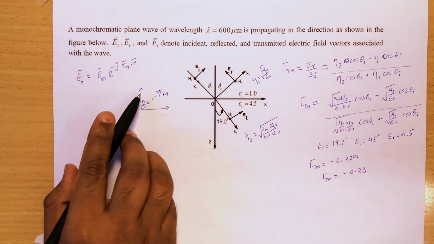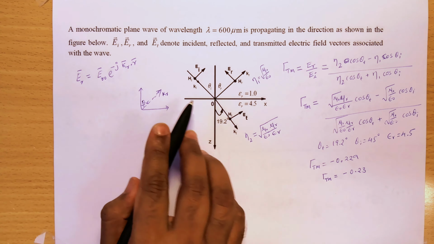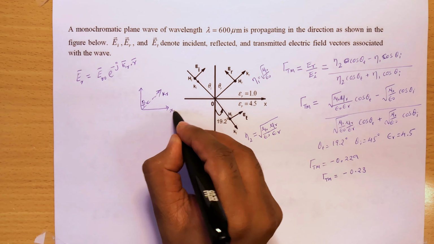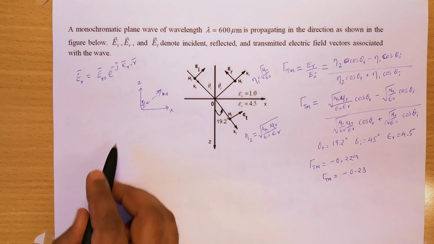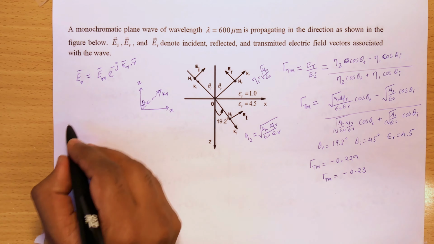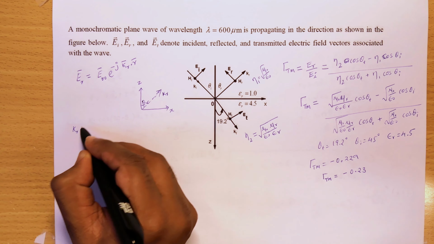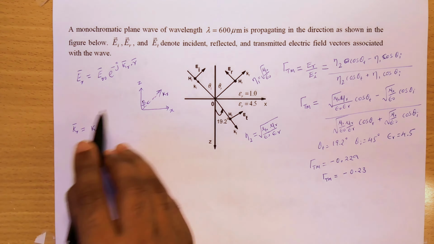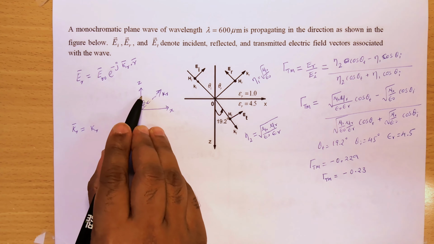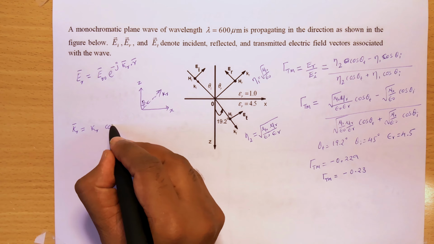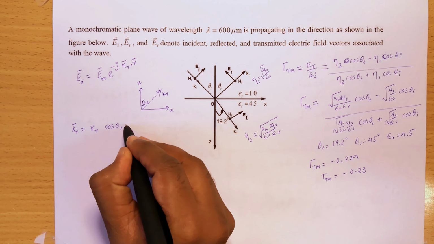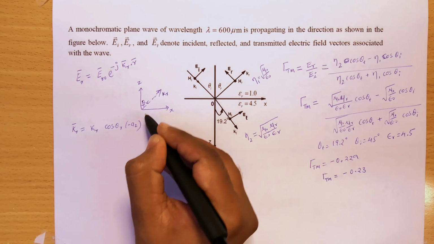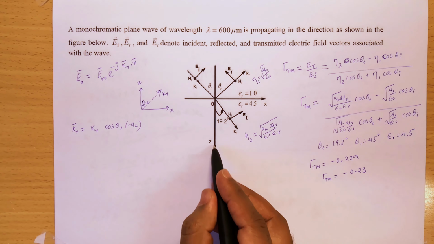Okay, so from this kr we can write down, this is x and this is z, and we can write down what kr is in terms of its components. If kr is the magnitude, this is theta r. Along the z direction it is cos theta r minus az, because it is in the negative z direction, since this is positive.